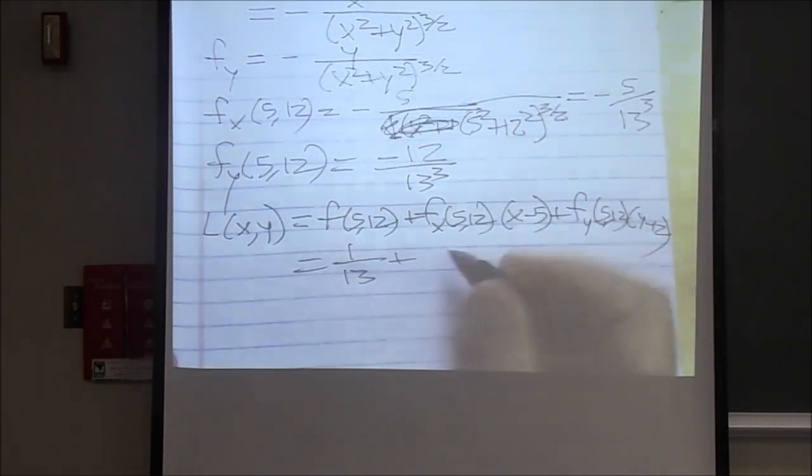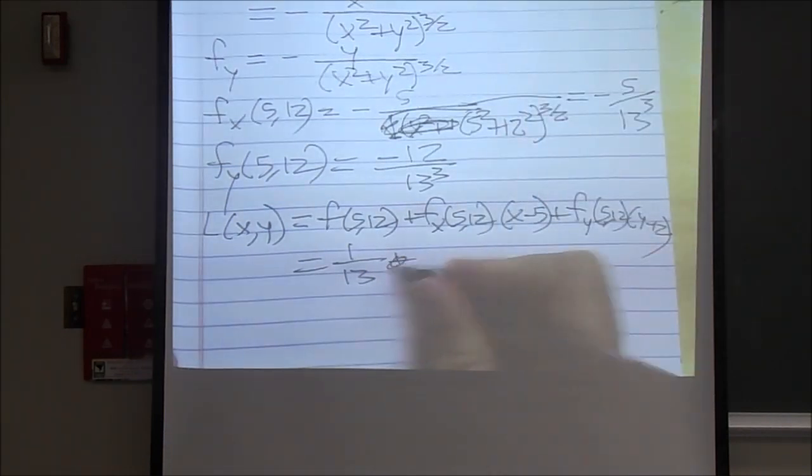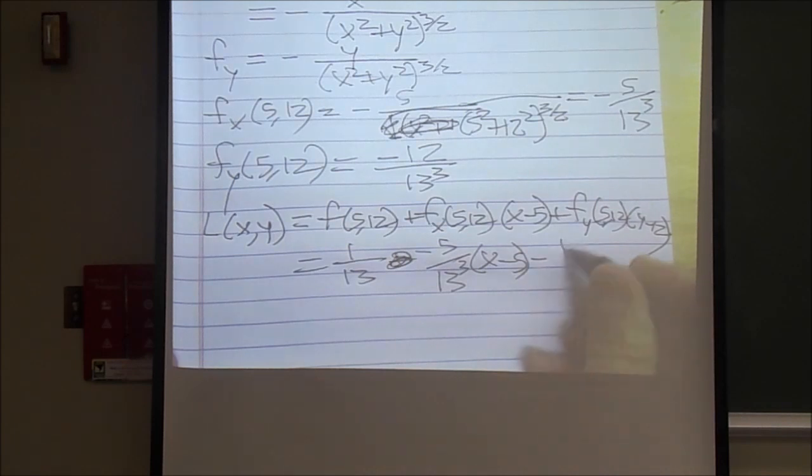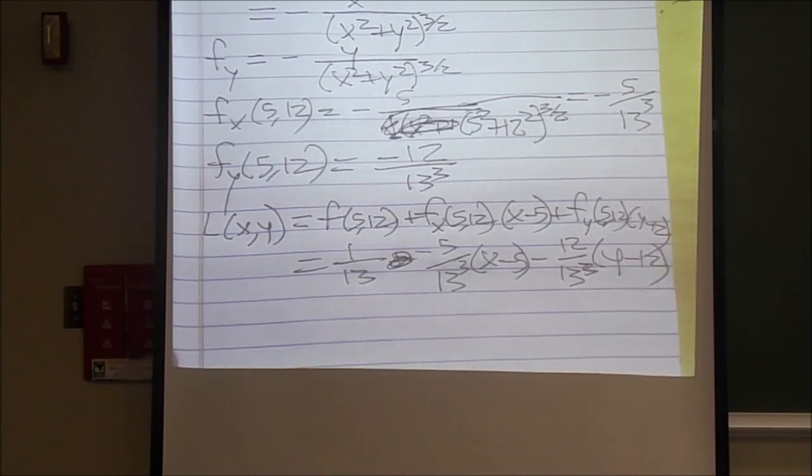And then this one we found out was minus 5 over 13 cubed times x minus 5, minus 12 over 13 cubed times y minus 12. Alright, so let's see.